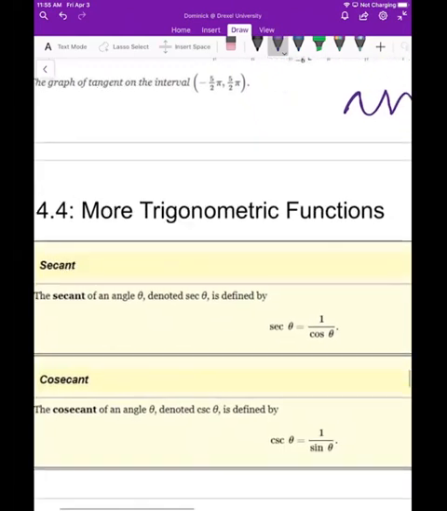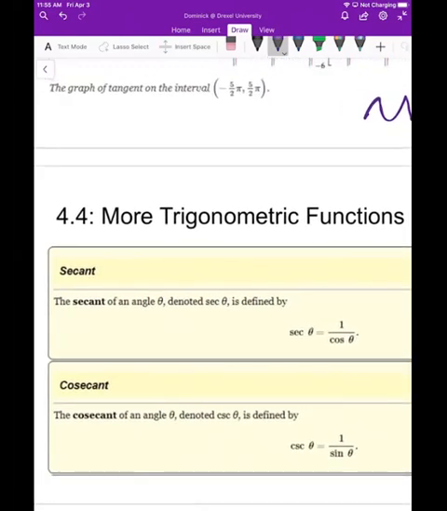Okay. Now we can talk about some other trig functions. We can say that the secant of an angle, which is denoted by SEC, is 1 over the cosine. So these are examples of reciprocal trig functions. So secant is 1 over cosine.